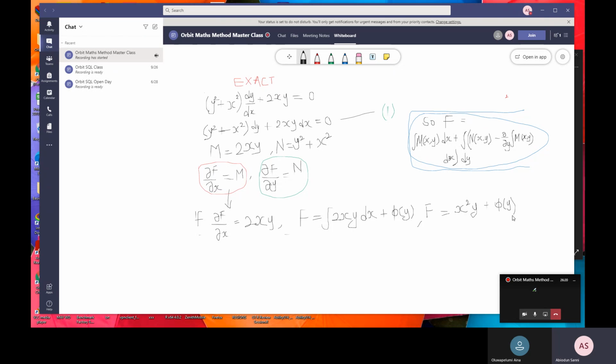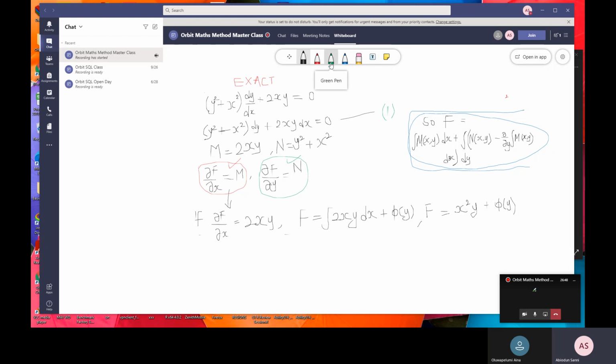Now I've used this one from this place. Now I have to link to this place. How do I link up? Since my f is this, I'll now use this condition. If I differentiate this with respect to y, I should have N, and I know what my N is, which is this.